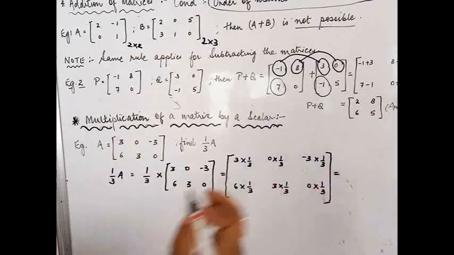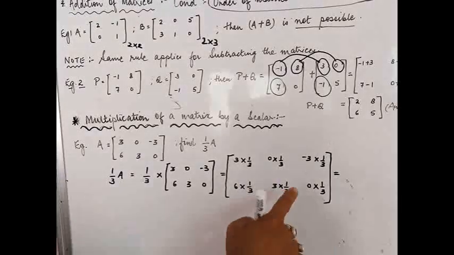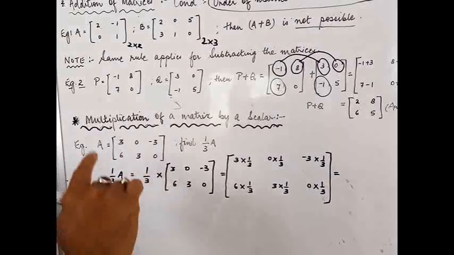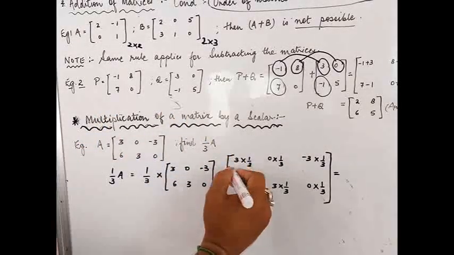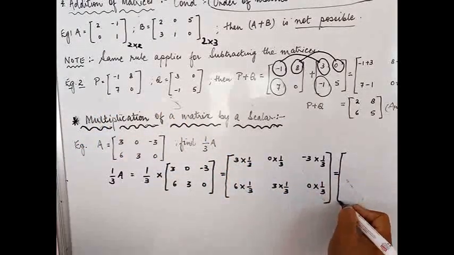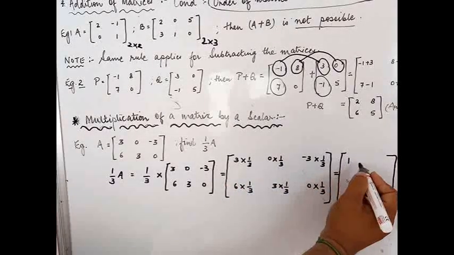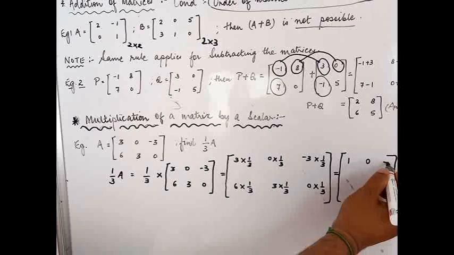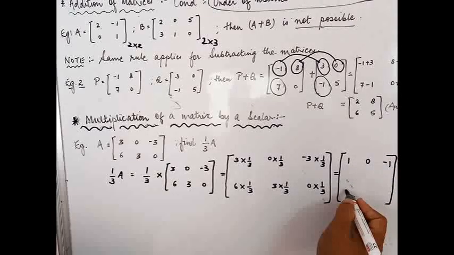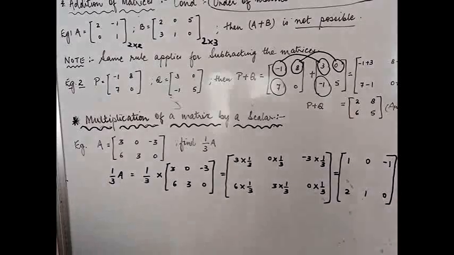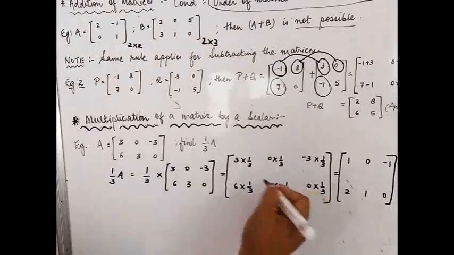Okay, so effectively what has happened in this step is this scalar number has gone inside. Now you know the basic multiplication process. This will give you a 1, this will give you a 0, this will give you a -1, similarly this will give you a 2, this will give you a 1, and this will give you a 0. Okay, so all these cancellations you can do.